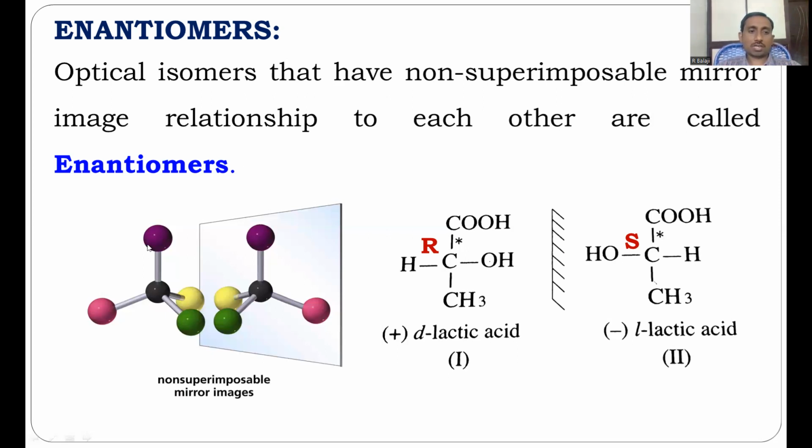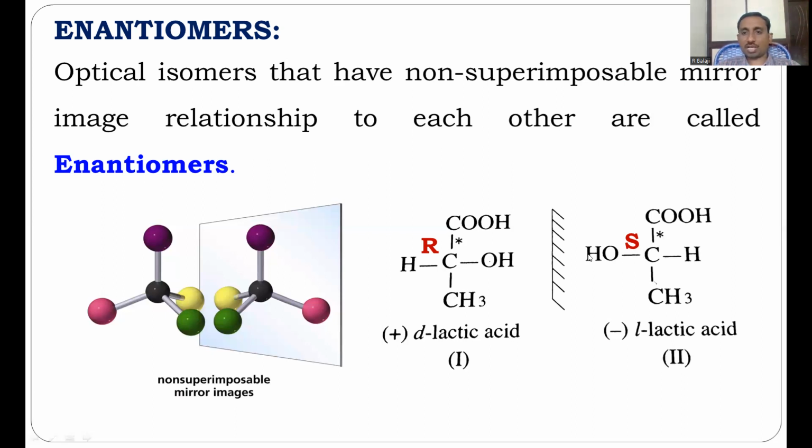All groups around the carbon atom at the center are the same, but the arrangements are non-superimposable, and also have a mirror image relationship. Clearly understand here in D-lactic acid and L-lactic acid. Here the central chiral carbon atom has R configuration, and the other possibility has S configuration.